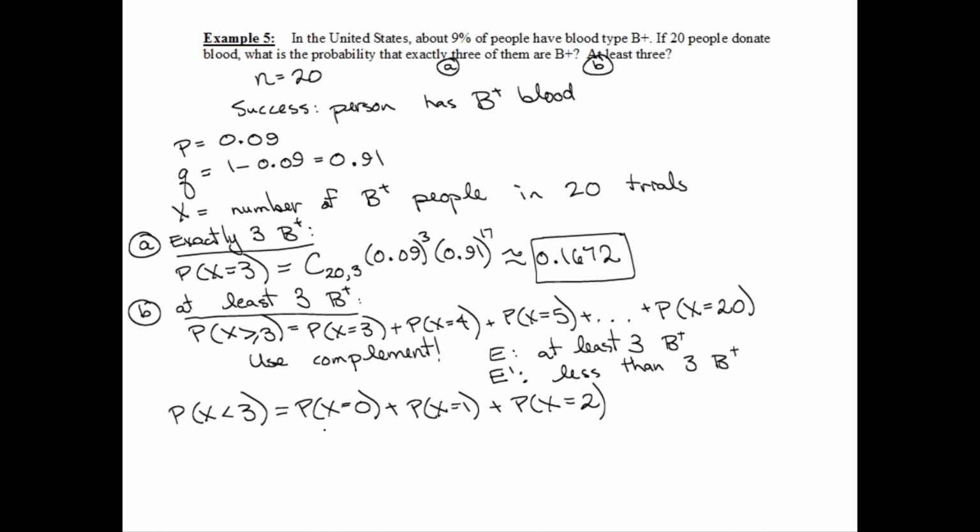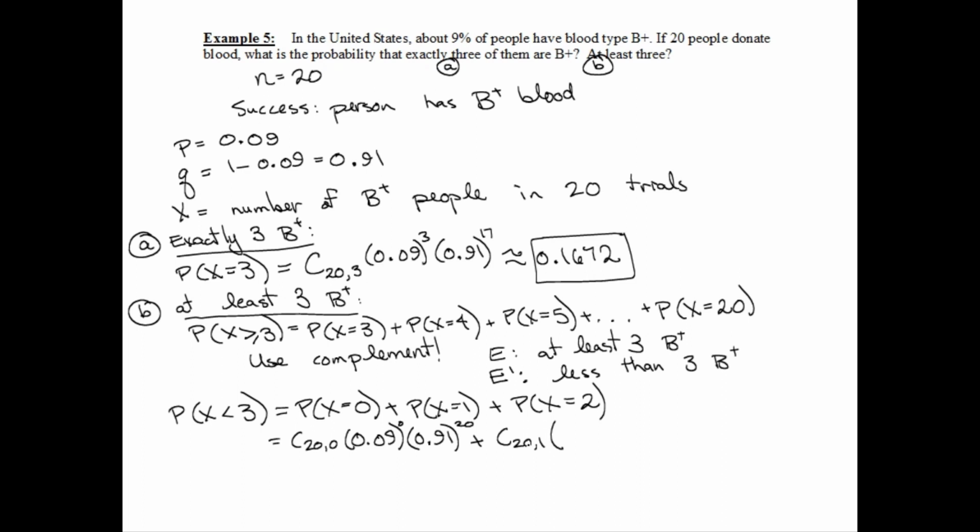So now for each of these we're going to have our formula. Here we're going to have combination 20, 0, which means we're just choosing the whole group. We're not laying aside any of them. So that'll just be 1. Probability of success, 0.09 raised to the number of successes, 0. Probability of failure, raised to the number of failures. If we have 0 successes, that means we must have 20 failures. Next, we're going to have 1 success. So that'll be combination 20, 1.